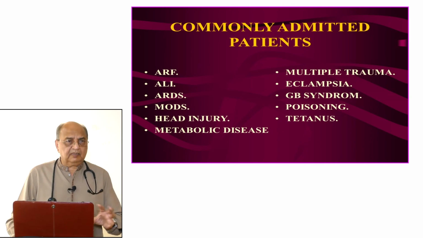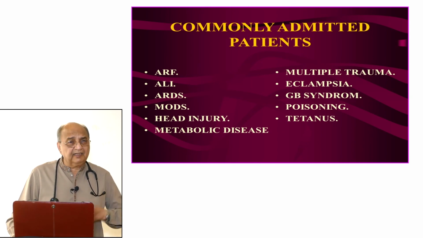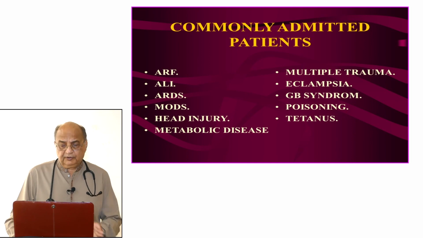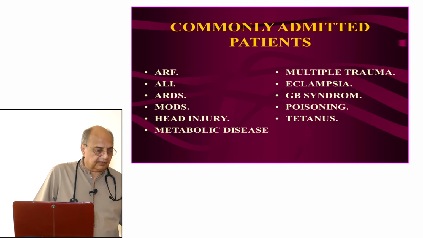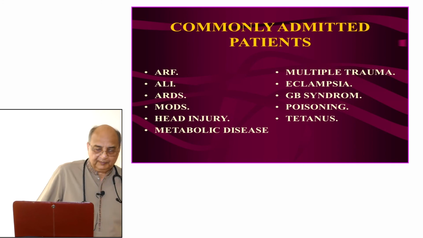So these are the patients who commonly come to any intensive care unit. And in addition to this, in poisoning we get organophosphorus poisoning, and black stone (aluminium phosphide) poisoning.